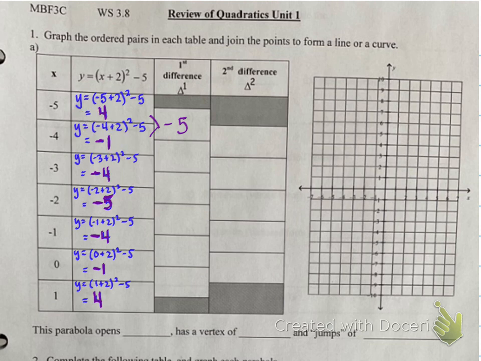Then from -1 to -4, we are going down 3. Don't forget the sign, folks. From -4 to -5, we're going down 1. And then on the other side, from -5 to -4, we are actually going up 1.